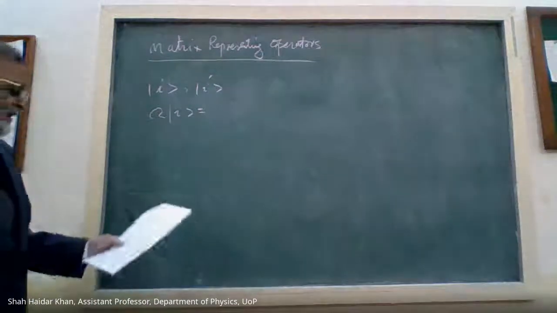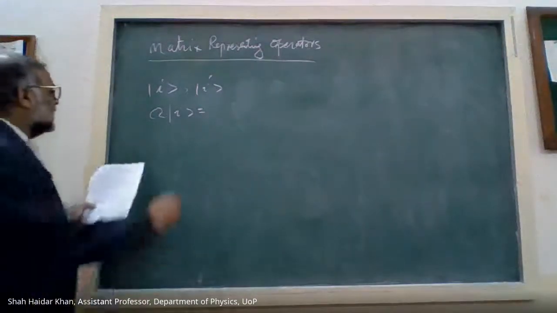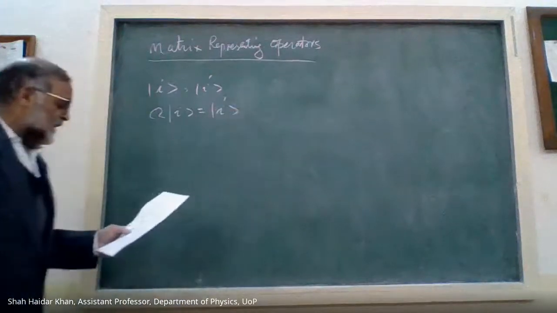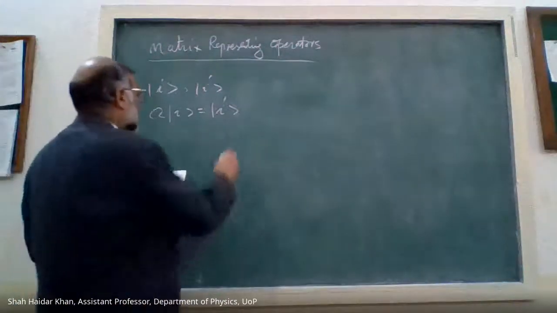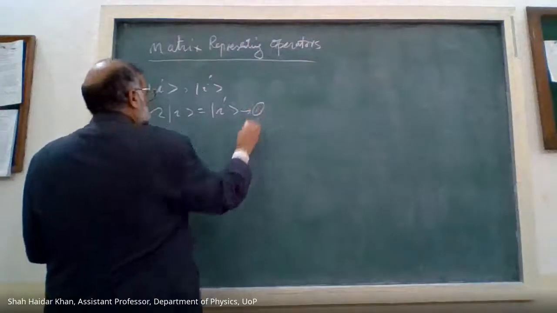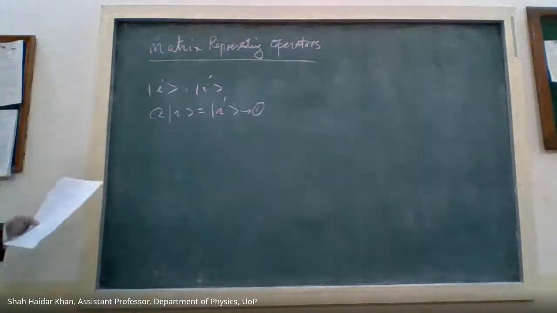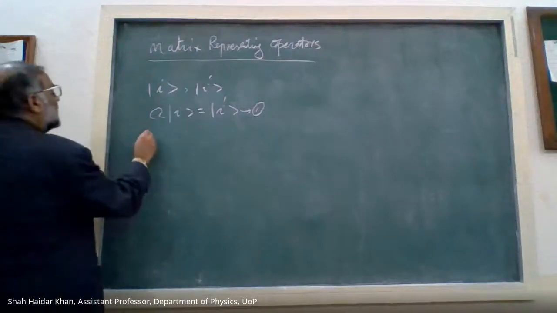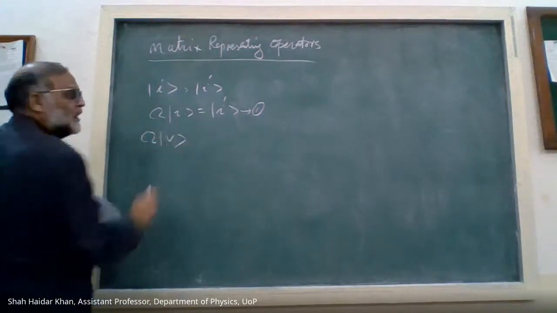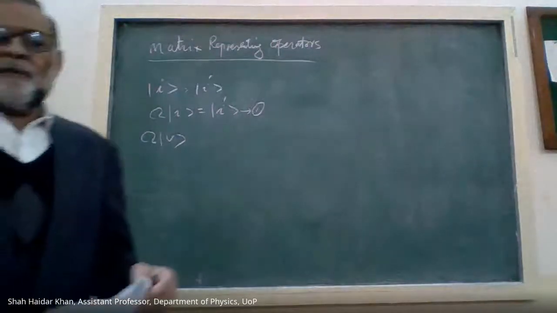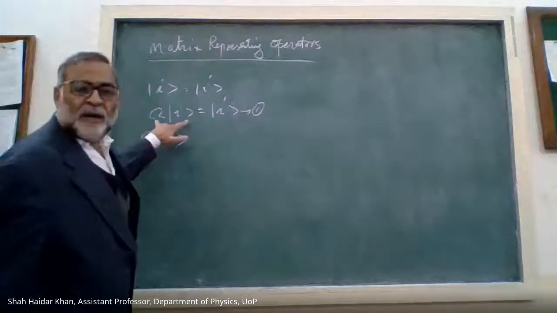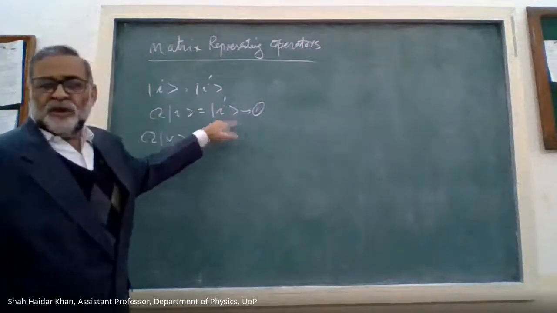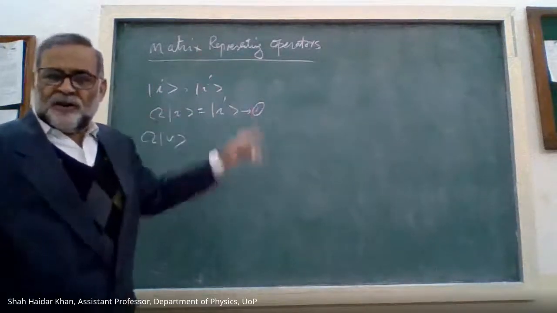Suppose this operator changes i into i prime. So if we apply it to a basis vector, then this is the situation. It changes the basis vector to some other form.